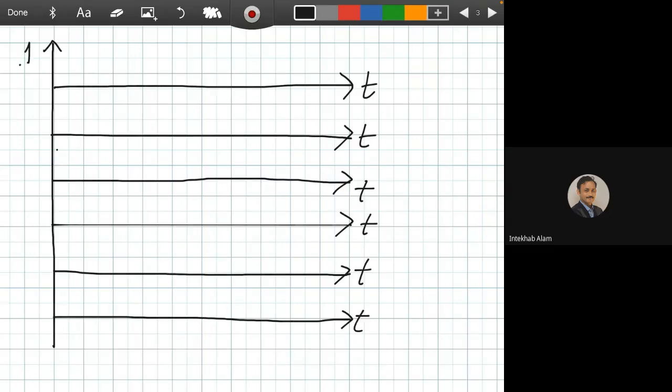Switch 1. Usually we denote a switch with Q or S. You will find Q or S in this. So switch 2, switch 3, switch 4, switch 5, and switch 6.